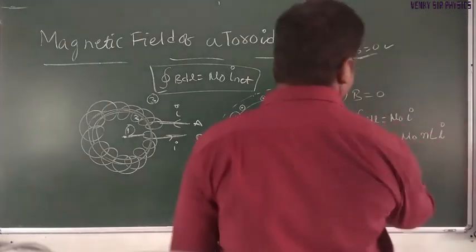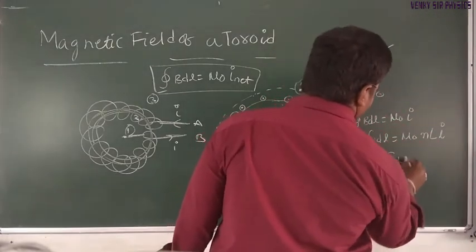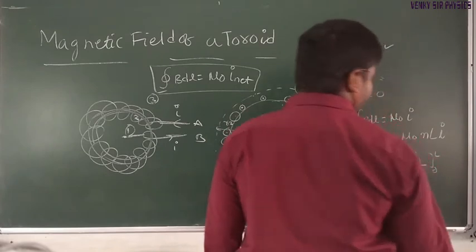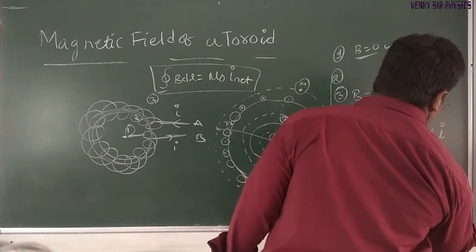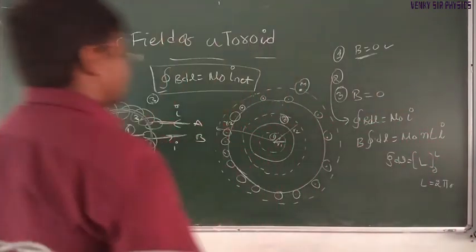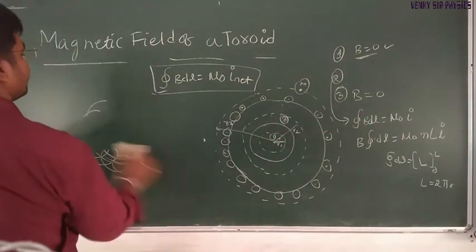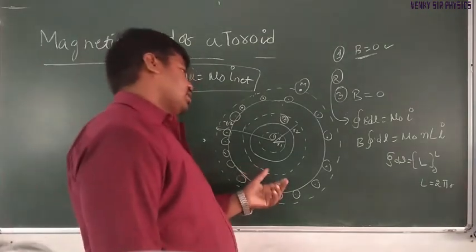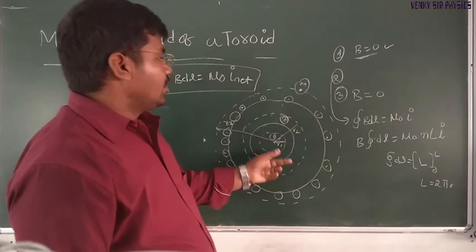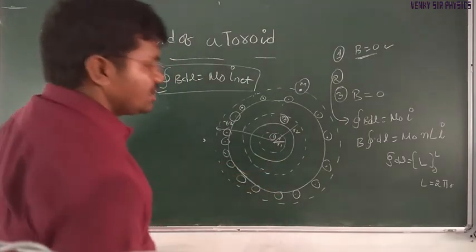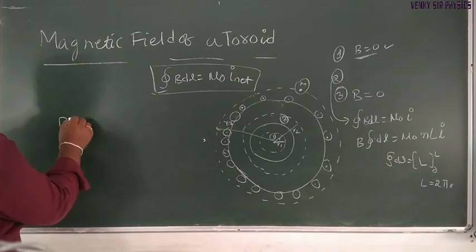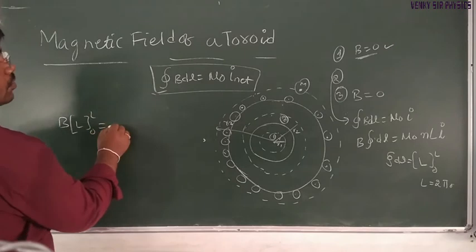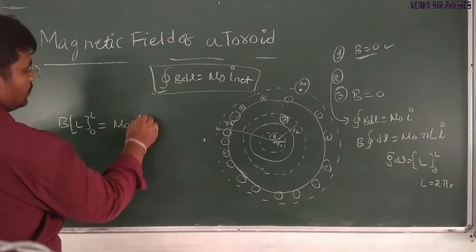So integral dL is equal to L, from 0 to L. Here we can take L is equal to 2 pi R, because it is the circumference of the circle inside the toroid. B times integral from 0 to L is equal to mu naught n L I.